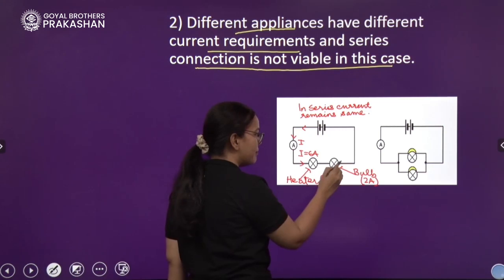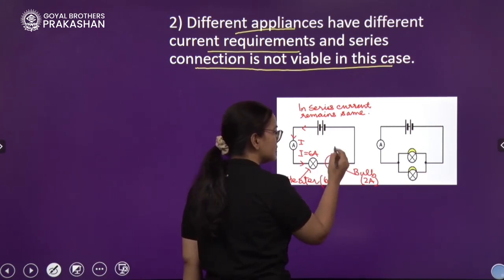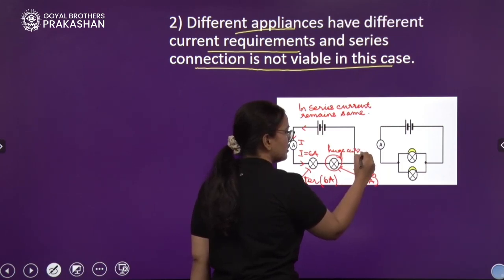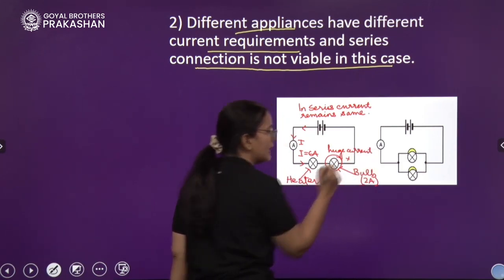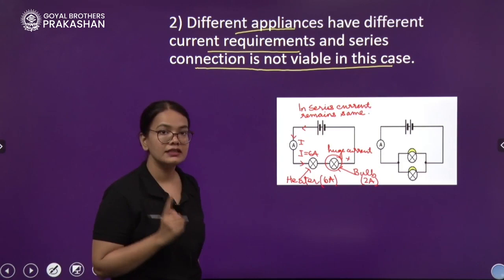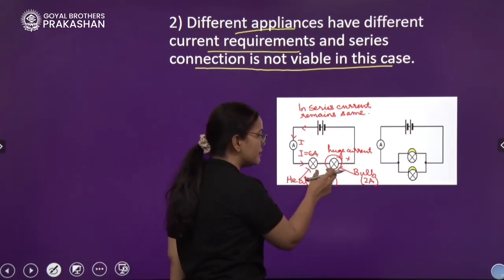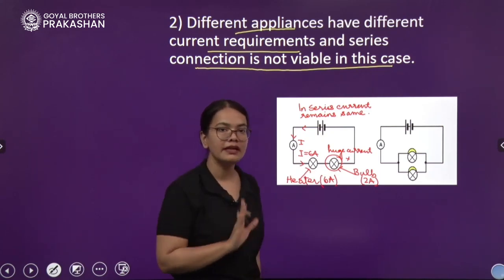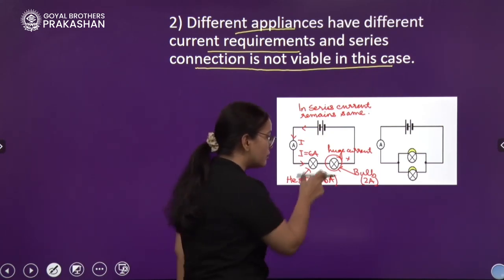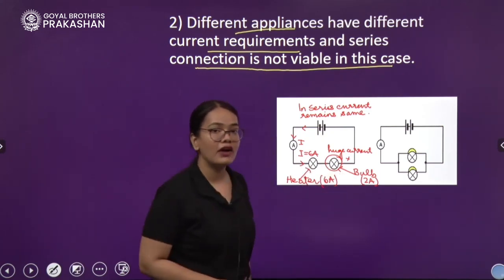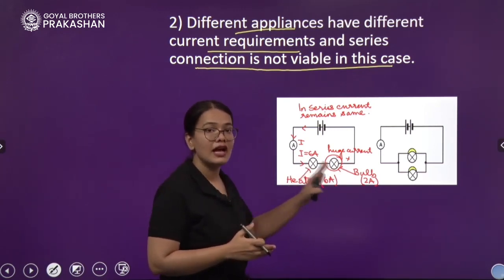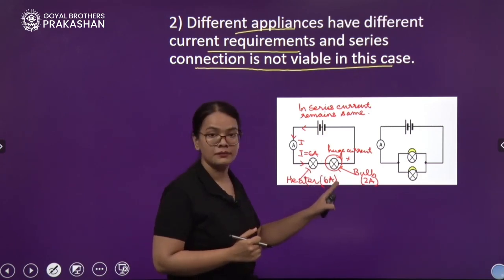As soon as 6 ampere goes to the bulb, there is huge current for the bulb and it will damage the bulb. This huge current will damage the bulb and as a result the bulb will not function, the entire circuit will be damaged. So both the components of different requirement cannot be connected in series because the current requirement is not fulfilled.